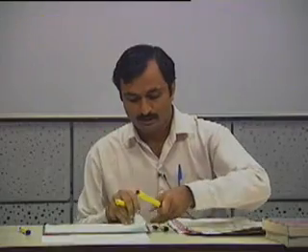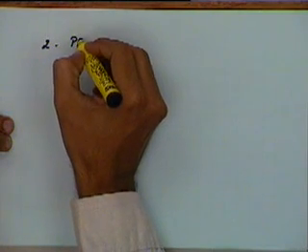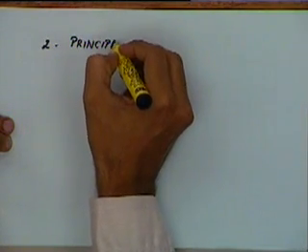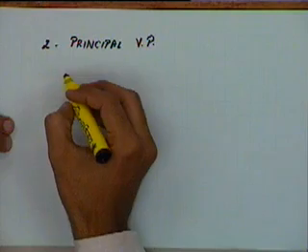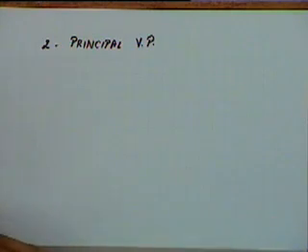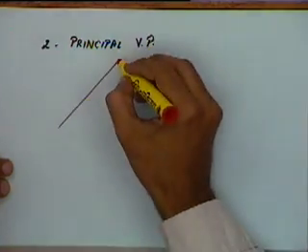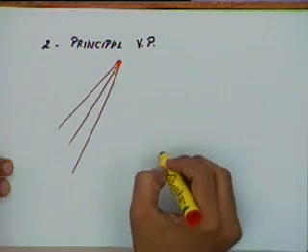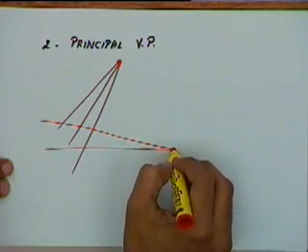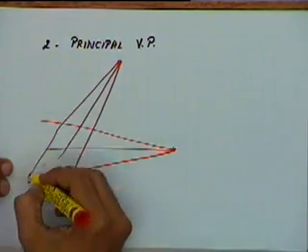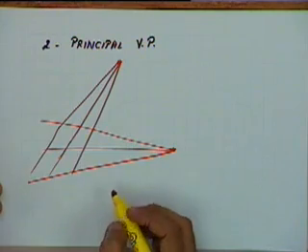We can extend this to a case where we will have two principal vanishing points. In this case the vertical lines would continue to remain vertical.